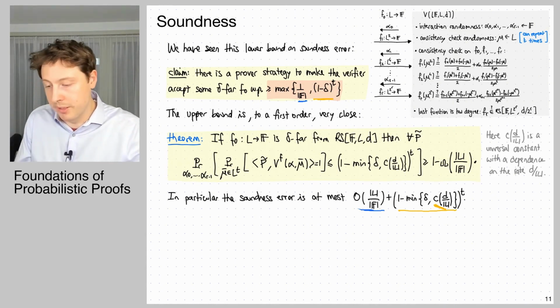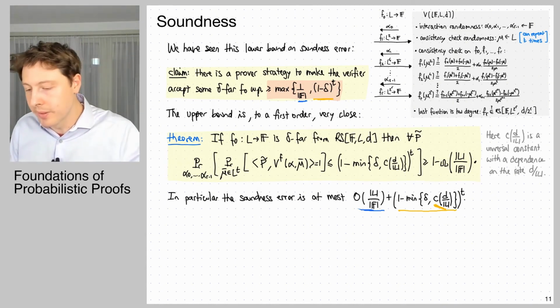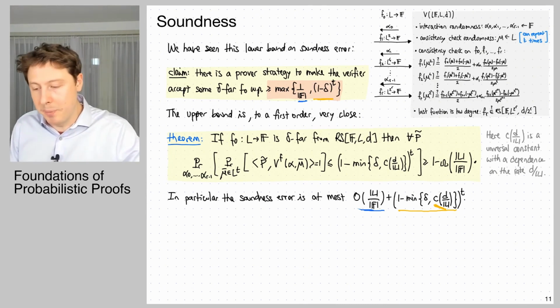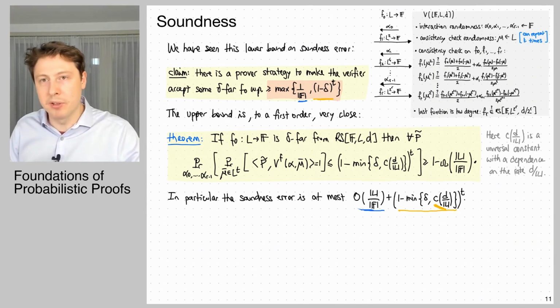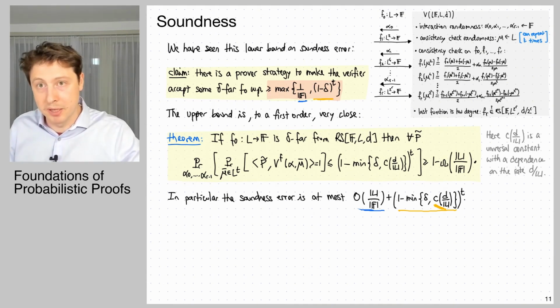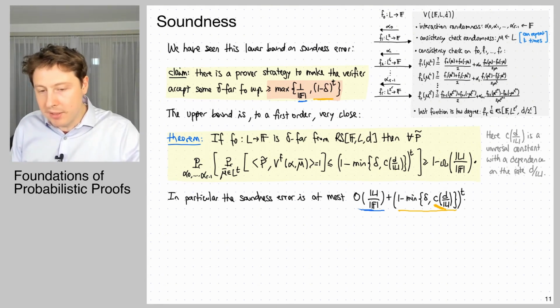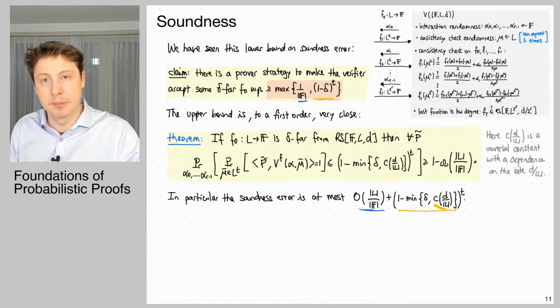That ratio is called the rate of the code. If you're too far, you don't pay for how far you are, you pay for some constant that depends on the rate. But qualitatively, the upper bound is very close to the lower bound.